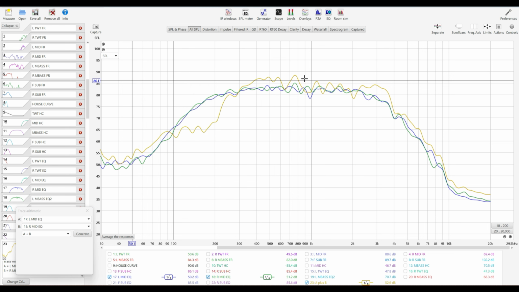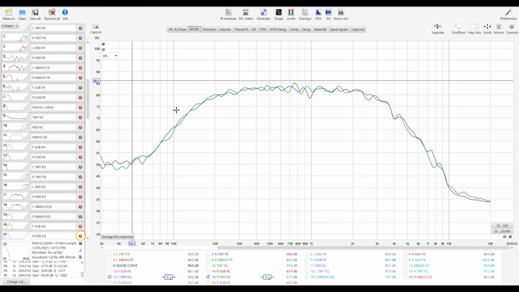It's not so good because I haven't done the time alignment yet on these, but you can see that it's cancelling over here and it's a bit choppy, which means it's out of phase here, and kind of half in phase there, but it's certainly in phase during this part of the response.